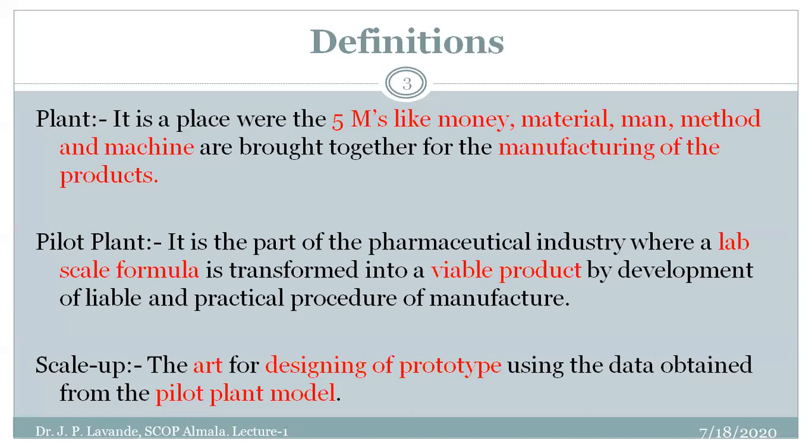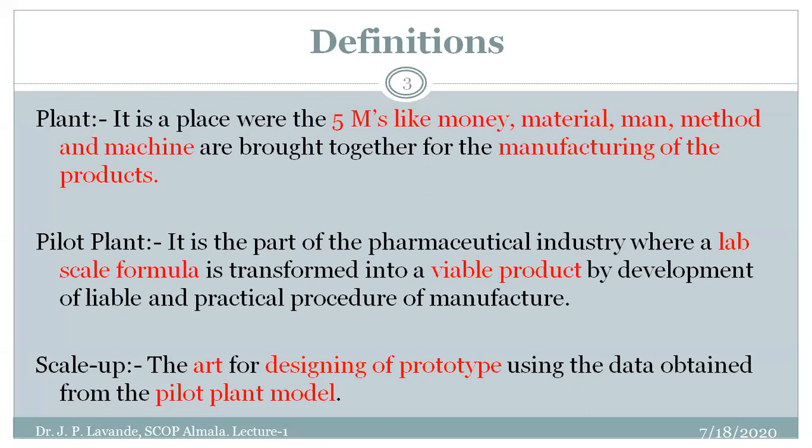Somewhere you will find only 3 M's, that is money, material, and man. Most may not mention method and machine, but all these are directly or indirectly responsible for the process of manufacturing. So there is great significance of all these five: man, machine, material, method, and money.